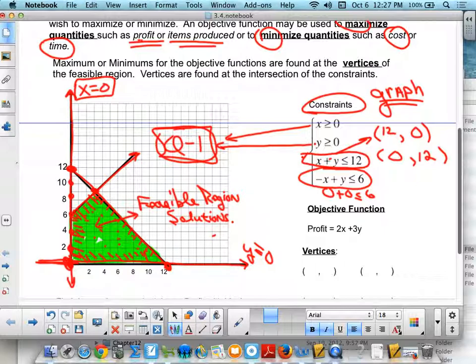Maximums or minimums for the objective function are found where? At your vertices. So where are your vertices? Right here, where 2 lines intersect. So you have to pick out your 4 vertices and stick them in those blanks right there.